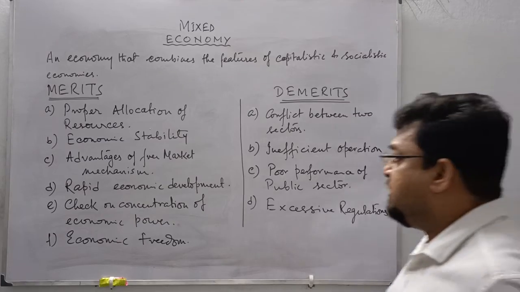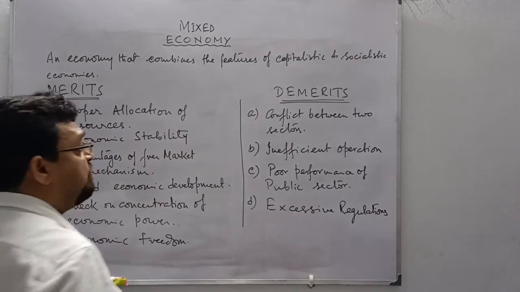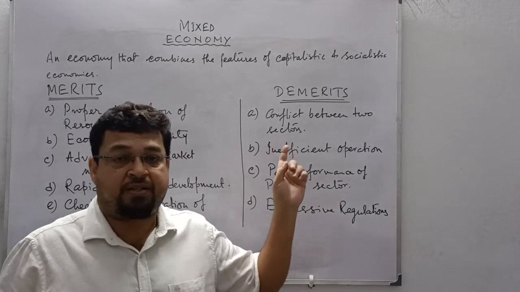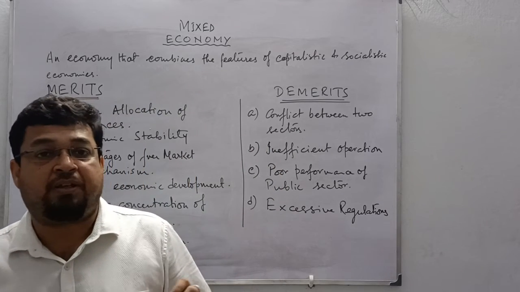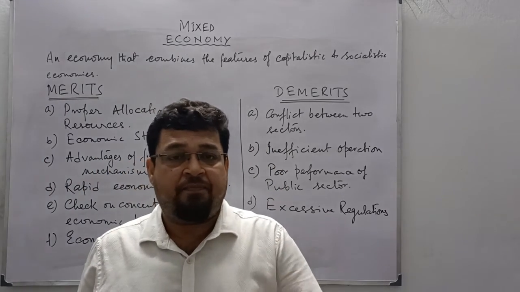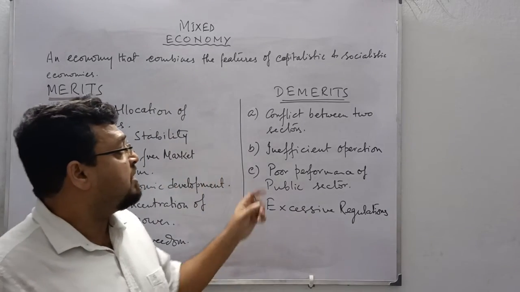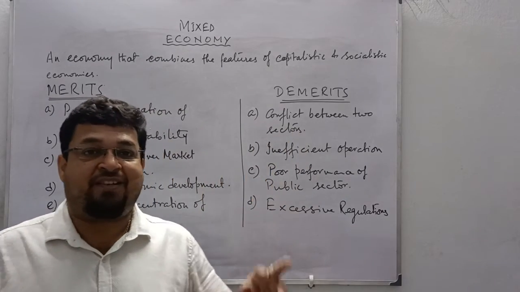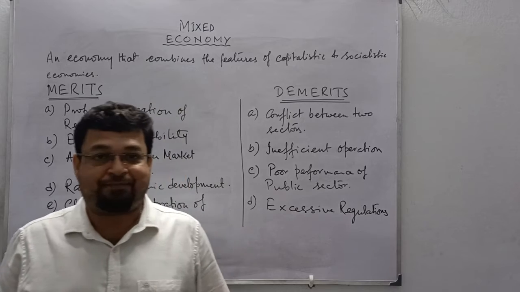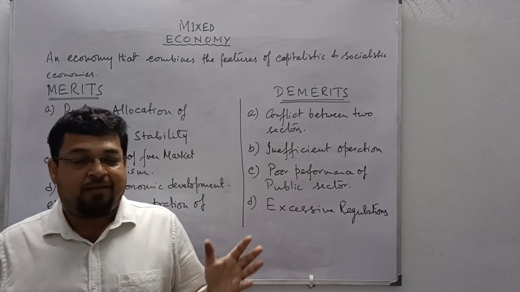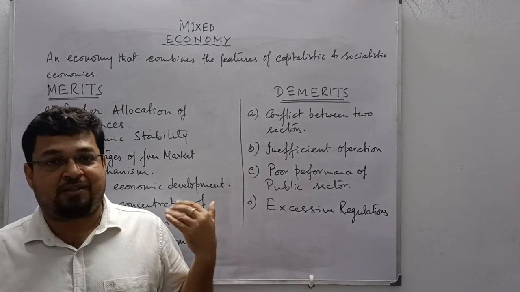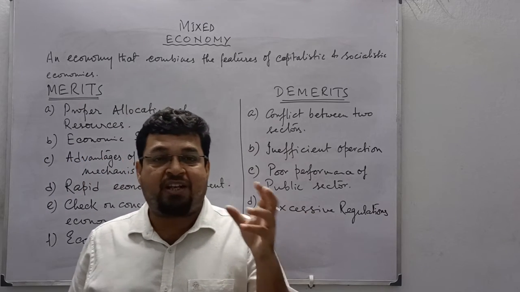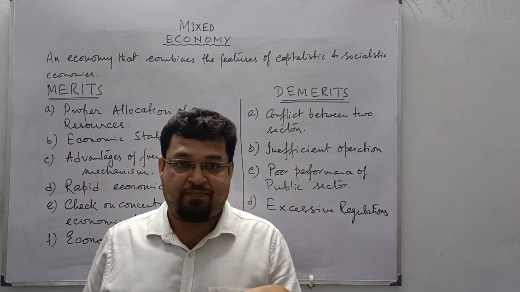Finally, we come to the last section of this mixed economy, where you have the demerits of the mixed economy that can be considered. Conflict between two sectors. Now see, whenever two sectors are operating together, there may be a conflict. One sector grows, trying to take control over another sector.